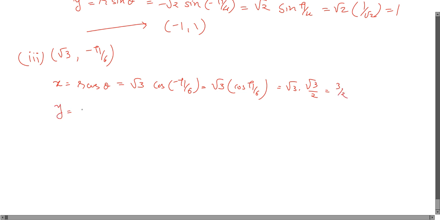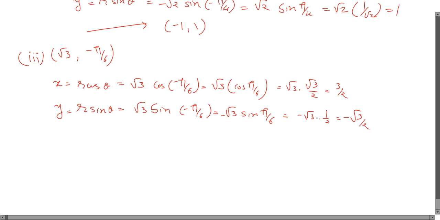And y is r sin theta, that is root 3 times sin of minus pi by 6, and sin is an odd function, so the minus will be outside, sin pi by 6, and sin pi by 6 is 1 by 2. So here it is minus root 3 times 1 by 2, that is minus root 3 by 2. So the statement you have to write is: the Cartesian coordinates of the given point are (3 by 2, minus root 3 by 2).